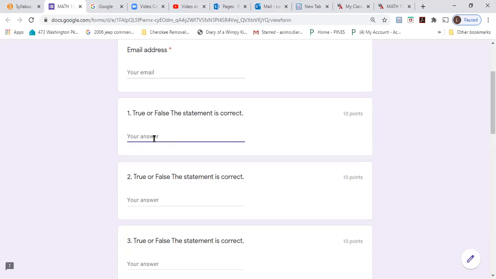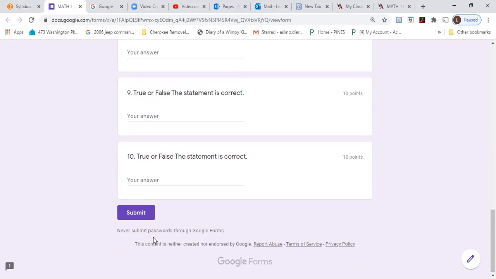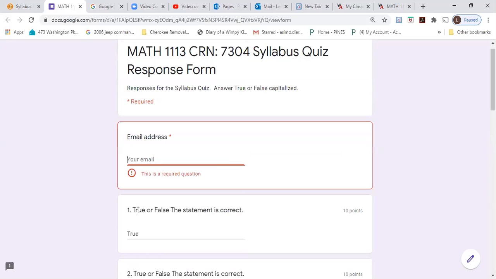For example, answer first couple. Let's say number 1 is true. I haven't really paid attention. Let's say number 2 is false. If you go down to the bottom, I'll submit it. Oh, demanding an email.